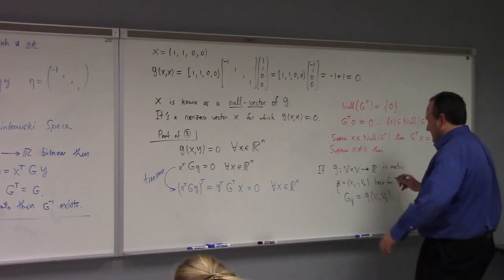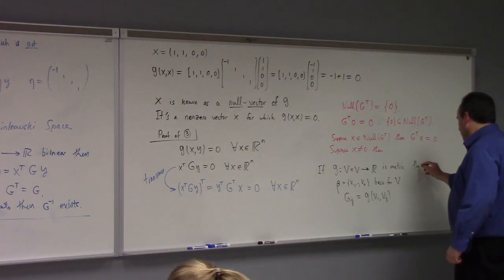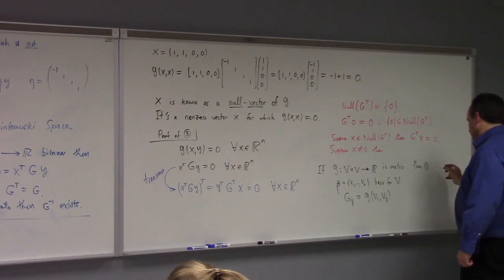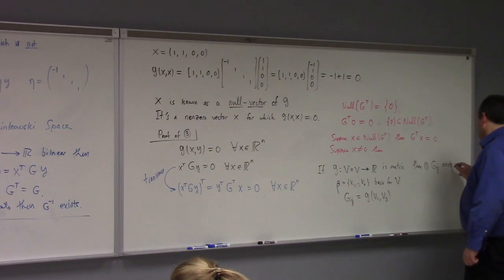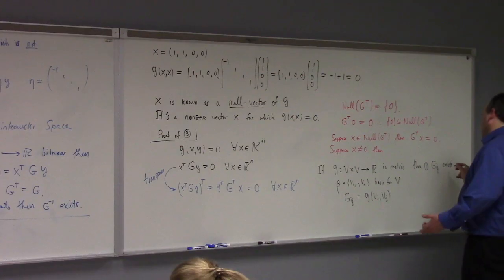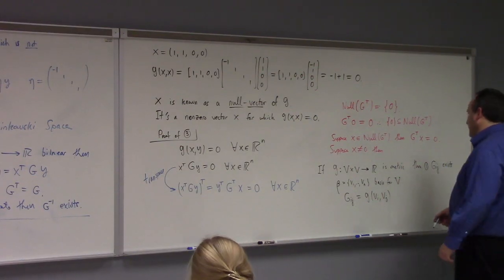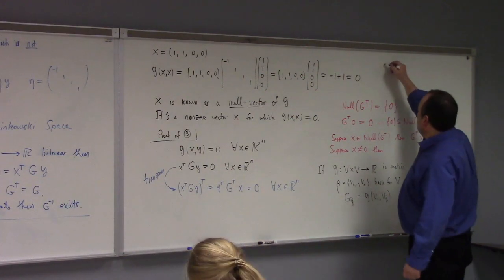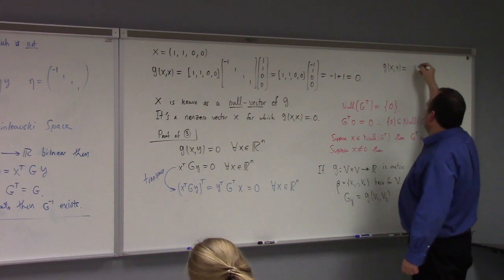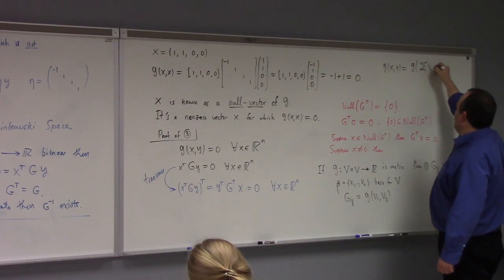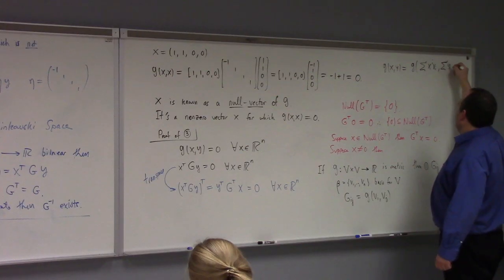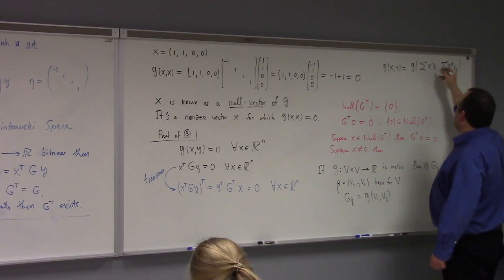So if you had this set up, then Gij exists. Well, golly, I'm going to write up here. So you can write G(x, y) equal to G of some x upper i, v lower i, some y upper j, v lower j, right?